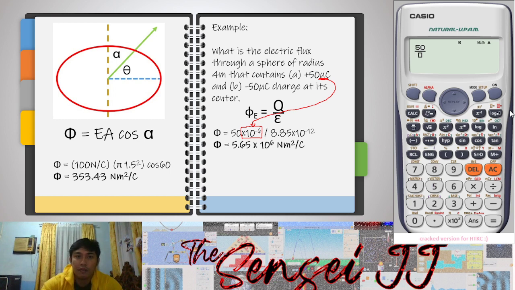So let's have these two. 50 times 10 raised to negative 6 all over 8.85 times 10 raised to negative 12. So we will be having our answer of 5.65 times 10 raised to 6.